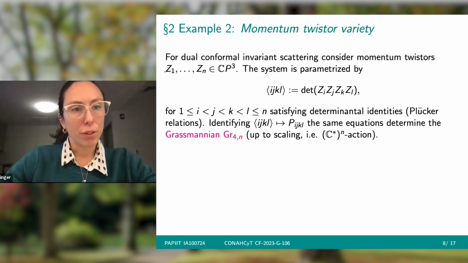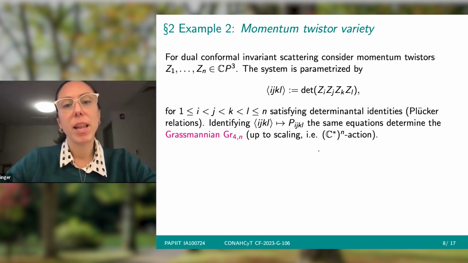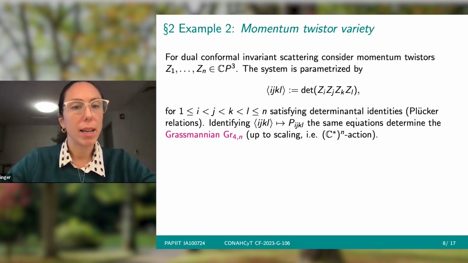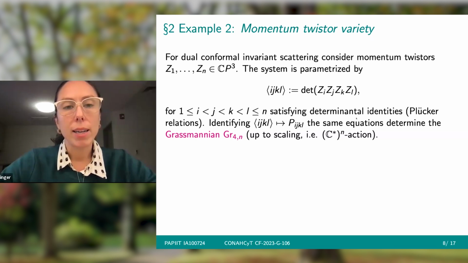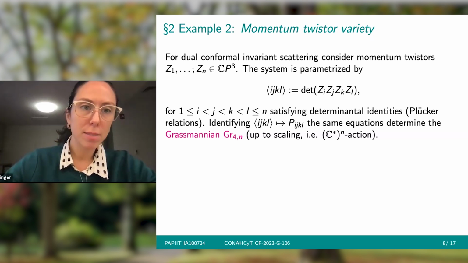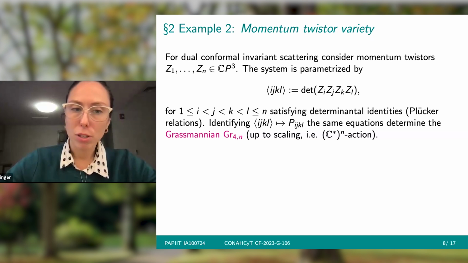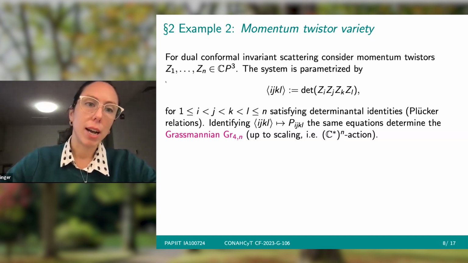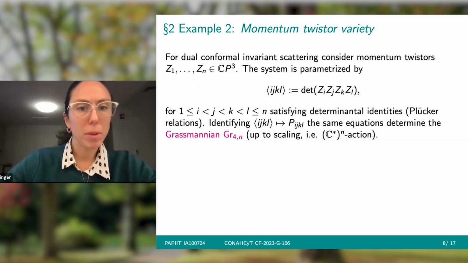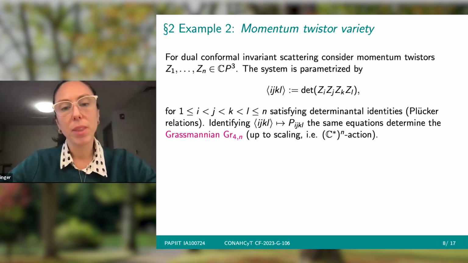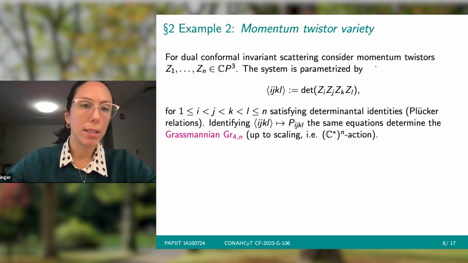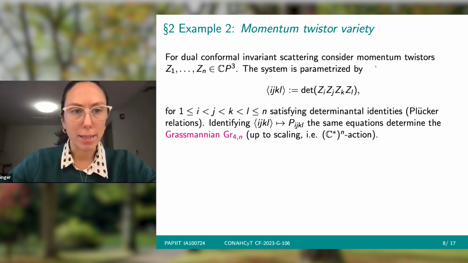So I get a configuration of n points in CP3. And this system, again, I can parametrize by taking minors of this matrix. This looks like the Grassmannian Gr(4,n), just that I have to allow column scaling because my points are in CP3. And this is the formalism that has first been used to relate to cluster algebras or to the Grassmannian in general.